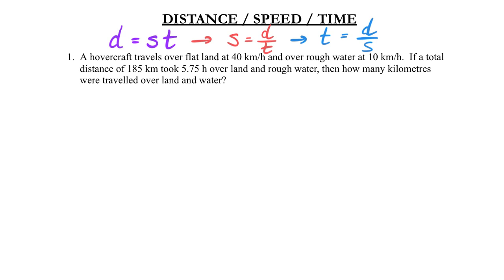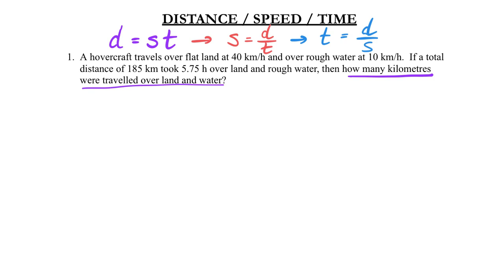Okay, if we take a look at that problem, the question that we've been asked to find is how many kilometers were traveled over land and water. So for us to answer the problem asked, we need to be able to say, how far do we travel on land? How far do we travel on water? Well, if that's what we're asked to find, then maybe that's what we allow our variables to be. So maybe we have to come up with two variables.